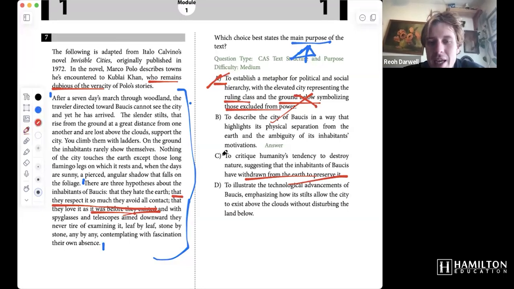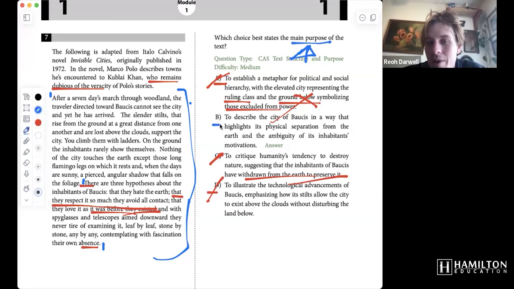So you're fixated too much on trying to make a compelling or interesting literary response to this as opposed to just reading it. D, if we didn't have these sentences, D could be true, but because there are these hypotheses provided, we can't say D, so our only correct answer would be B.